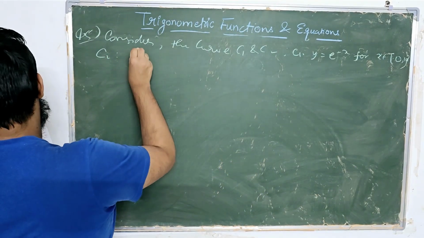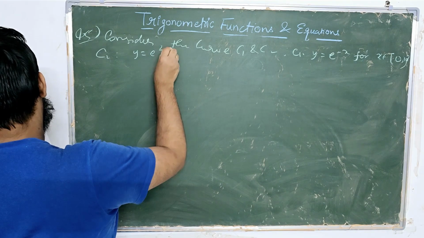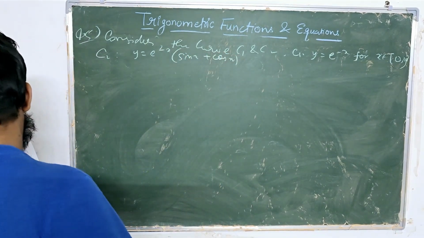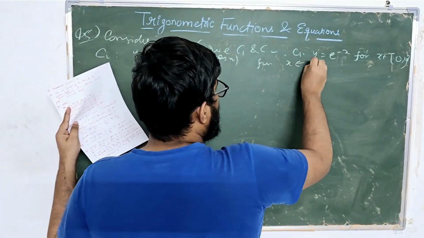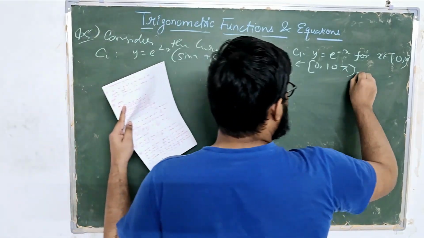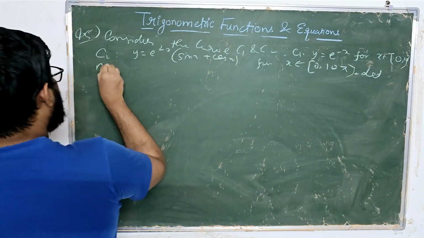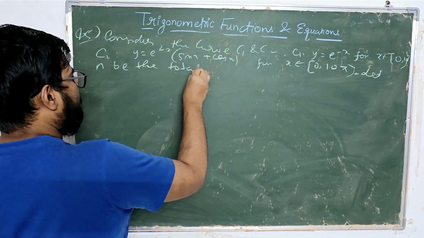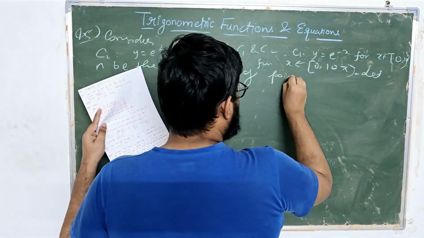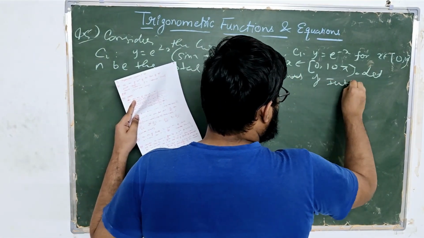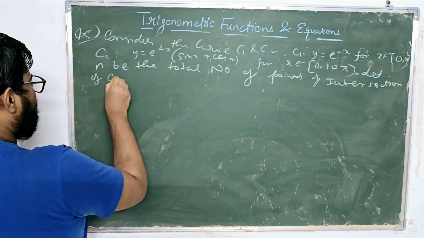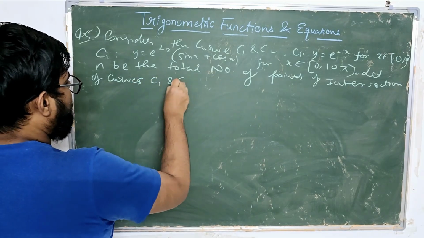And C2 is defined as y is equal to e raised to power negative x into sine x plus cosine x for again x belonging to 0 to 10 pi, this time not 10. Okay, let n be the total number of points of intersection of curves C1 and C2.